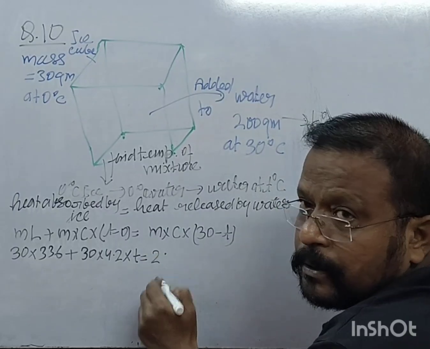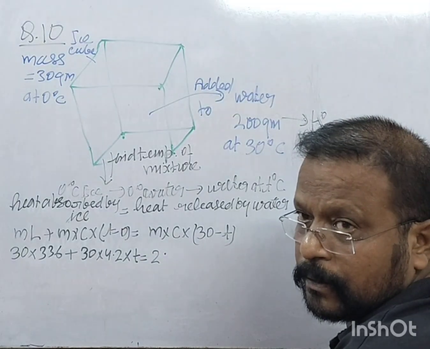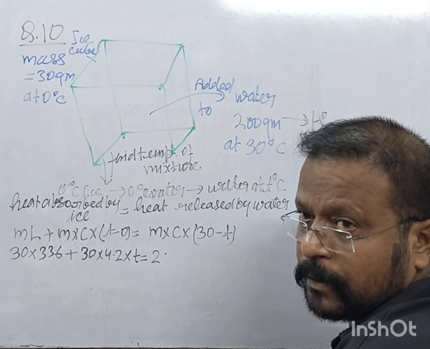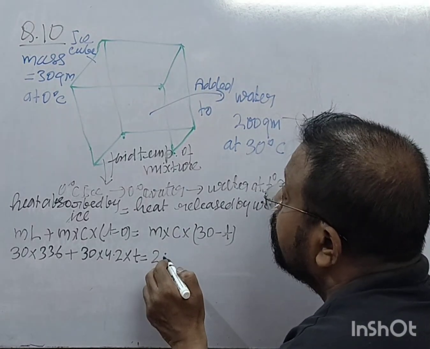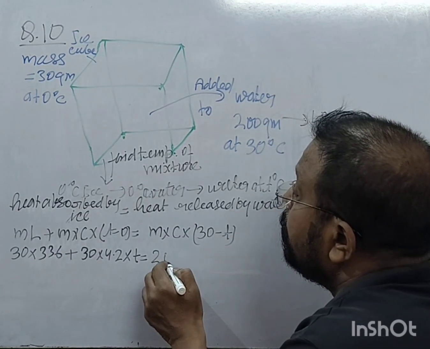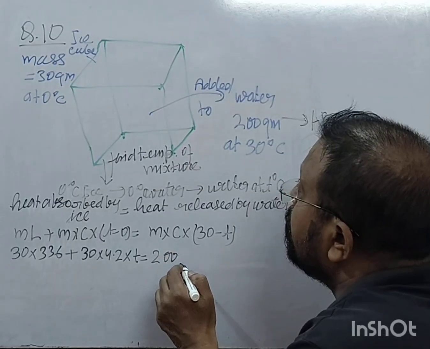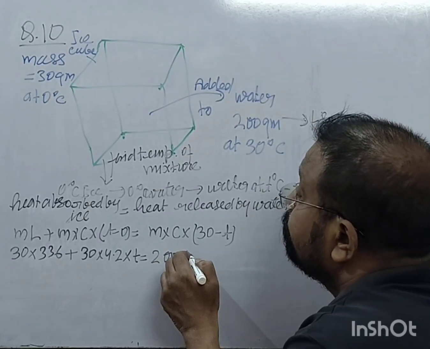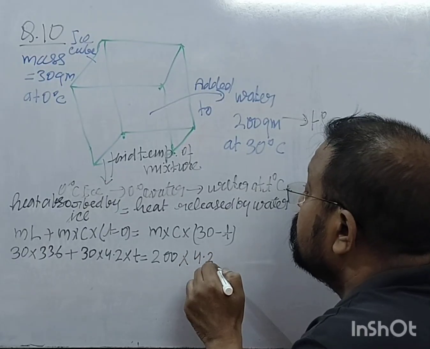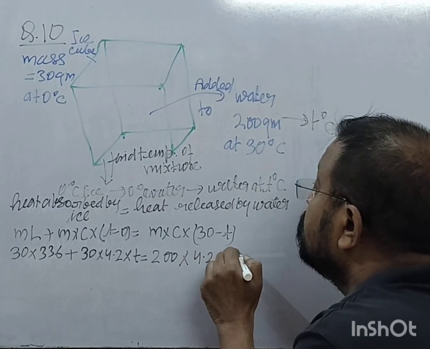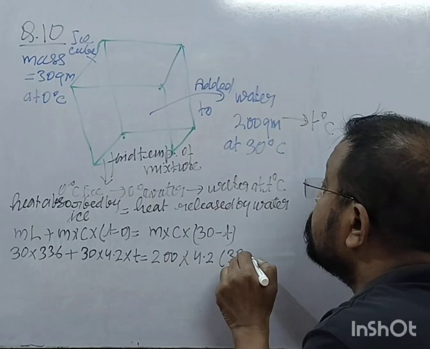Sir, here they give the latent heat of ice as 80 in calories. No problem. When you convert 200 into joule, that comes to the same value. 200 into c, which is 4.2, into (30 minus T).